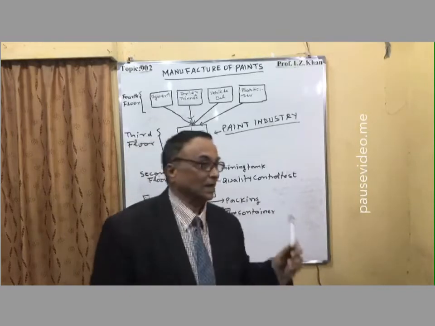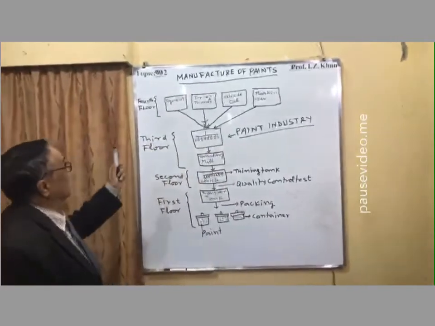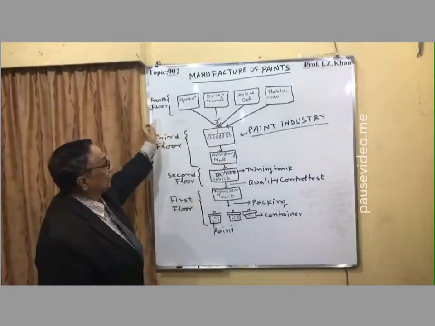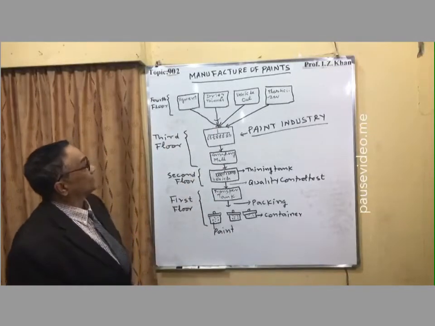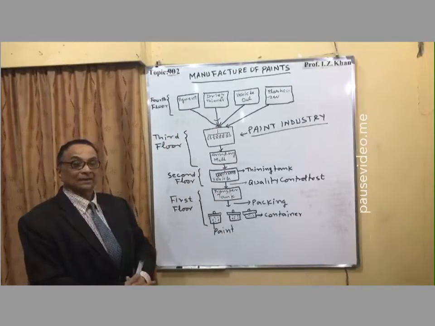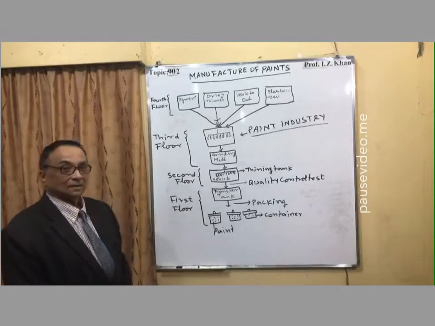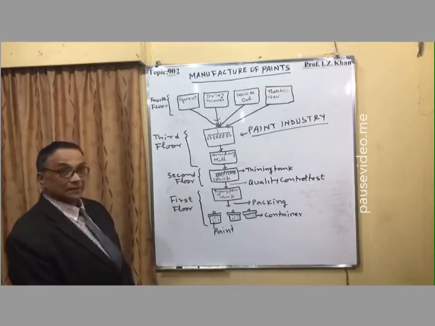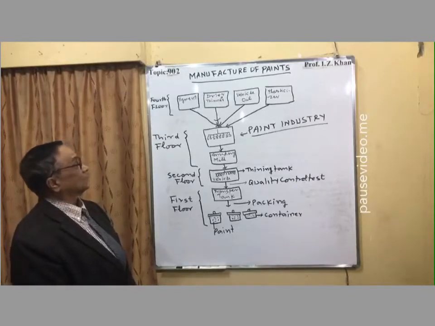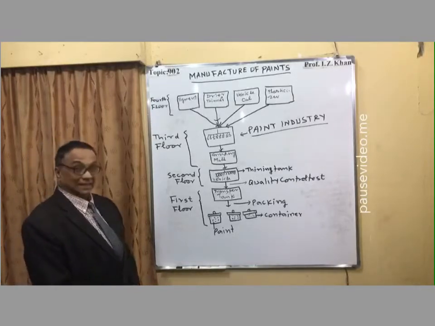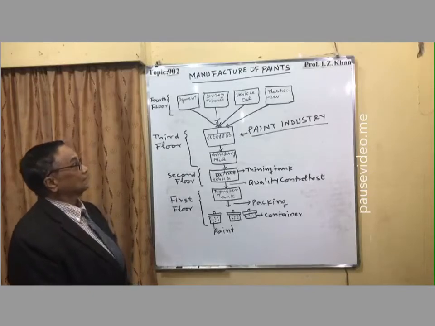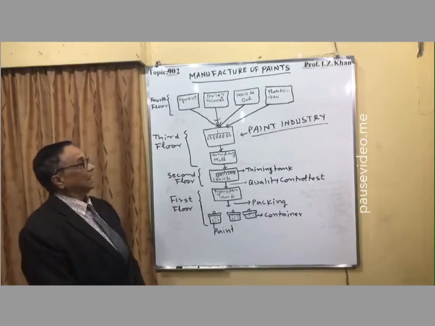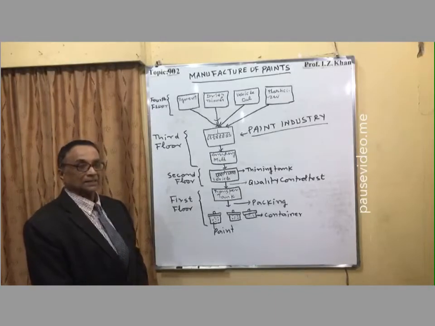So here I would like to show you that this is your first floor, fourth floor, top floor. The top floor of that industry has four big containers. One container contains pigment, the other contains dryer, or we call it thinner. The third one contains vehicle oil, and the fourth one is called plasticizer.